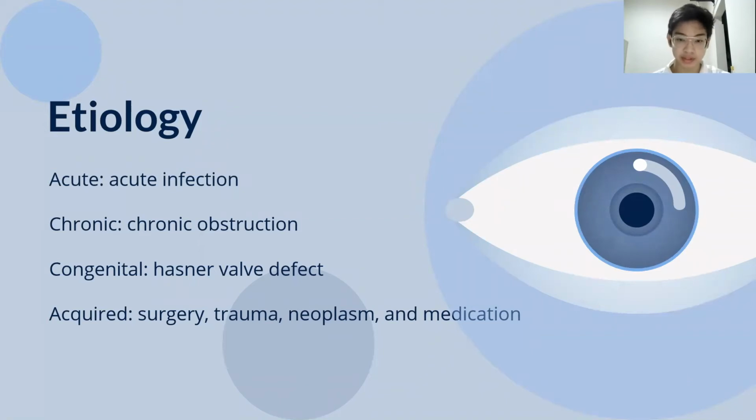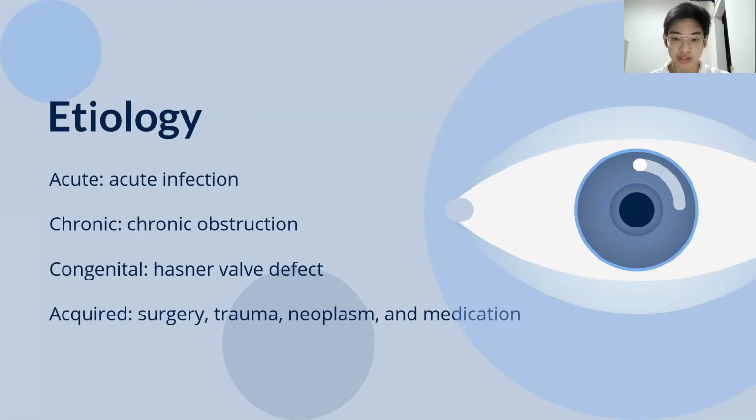As well, let's review student number 077. The etiology of dacryocystitis depends on the classification of the disease. They are classified into acute and chronic dacryocystitis and also congenital and acquired dacryocystitis. Acute type is caused by an acute infection by a pathogen such as Streptococcus species and Staphylococcus species. Chronic dacryocystitis can be caused by many other conditions such as systemic disease, dacryolith, or any other condition that causes chronic obstruction of the canal.